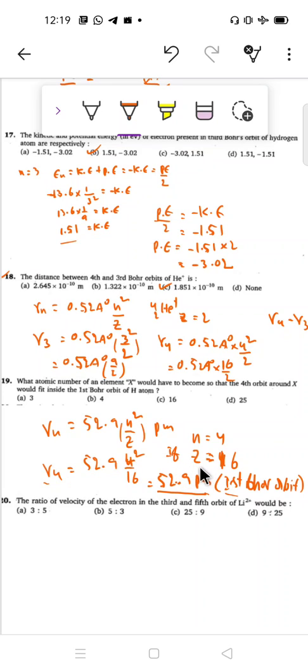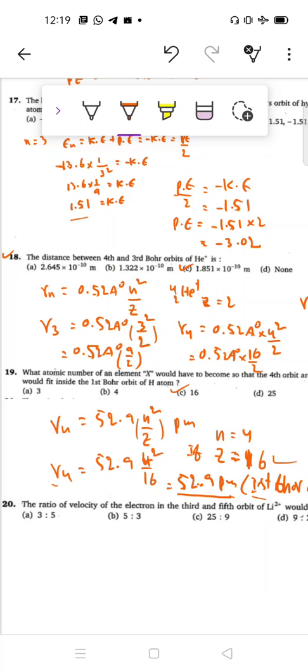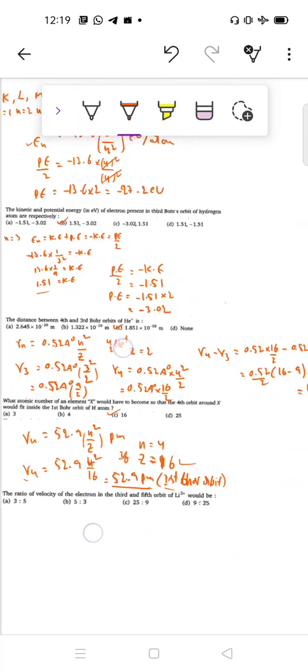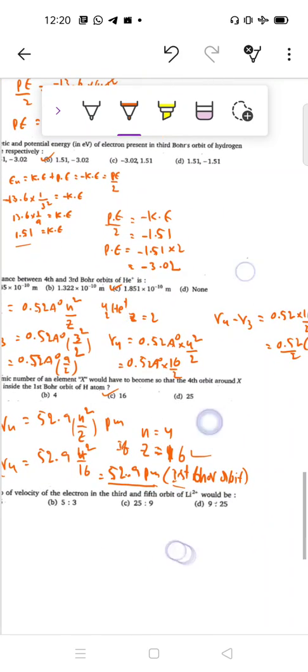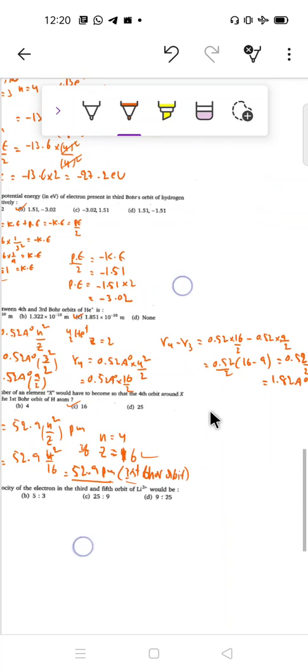First Bohr orbit value and R4 value are equal only if Z is equal to 16. If you take Z is equal to 16, then n square by Z cancel each other, then you can get 52.9 pm. The 52.9 pm value is known as the first Bohr orbit. How can we say the first Bohr orbit is 52.9? Calculate R1 for hydrogen atom, Z is equal to 1.